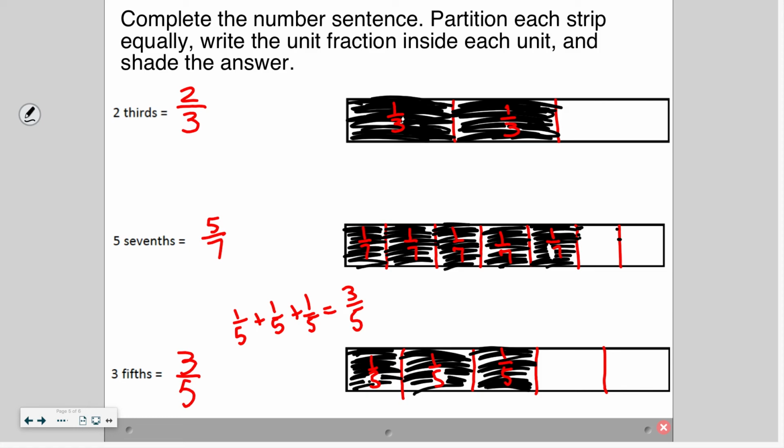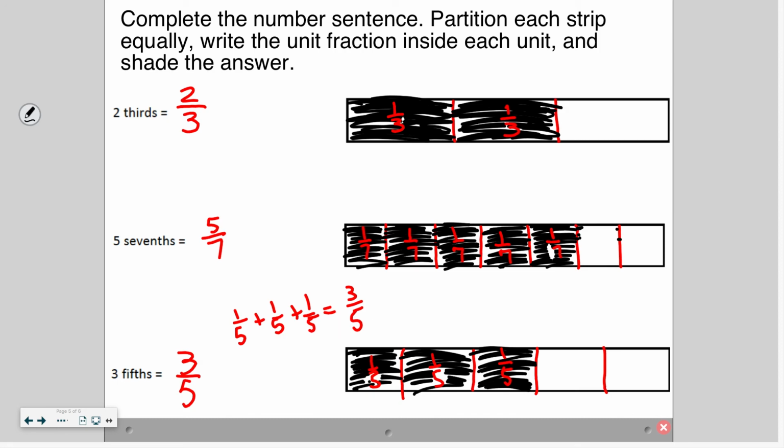We just shaded in 3 of those parts. So that's what I mean by 1/5 plus 1/5 plus 1/5 equals 3/5. I apologize if I said thirds, I keep saying it because I'm seeing 3 and 3/5.